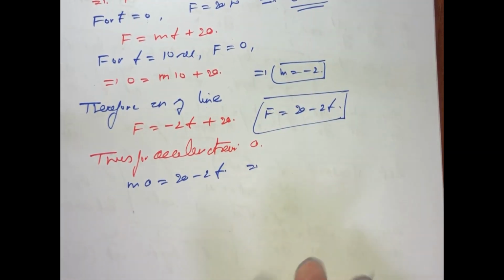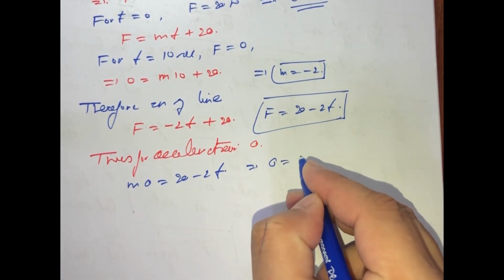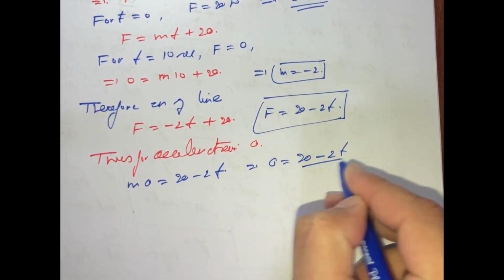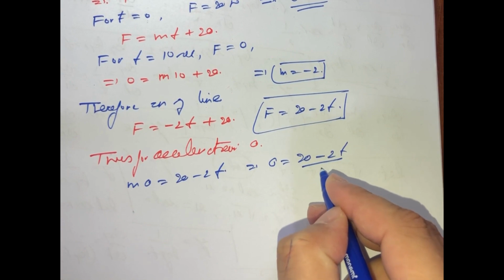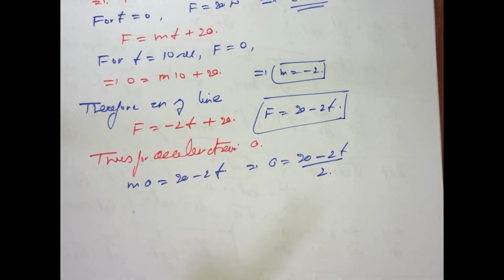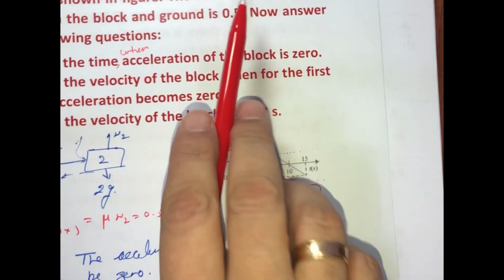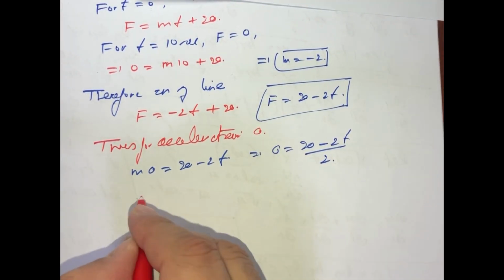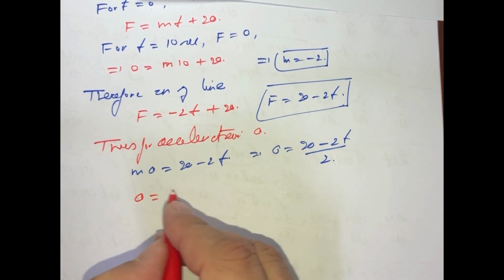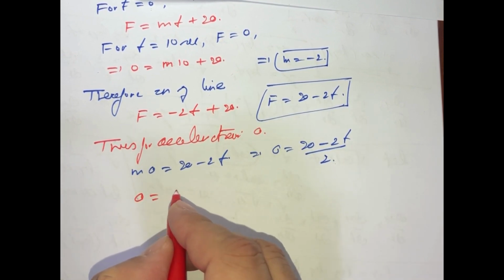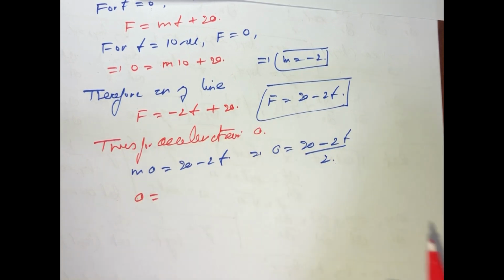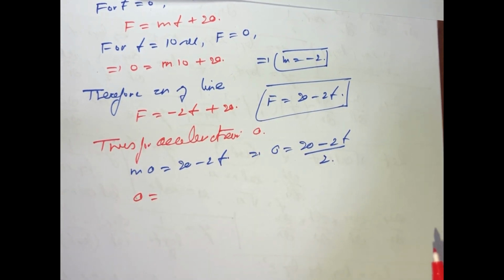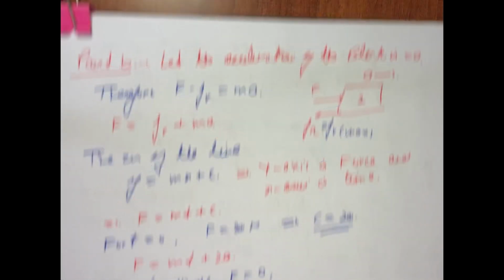From here, you can say that a is equal to 20 minus 2t divided by mass, which is given as 2 kg. So we get this equation as a is equal to... I think I made a mistake in solving this. Let me do it again.